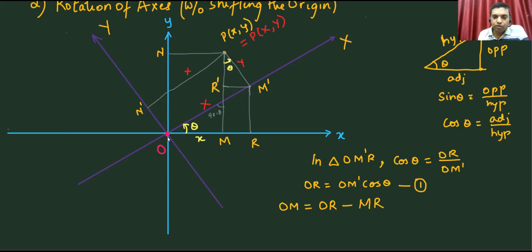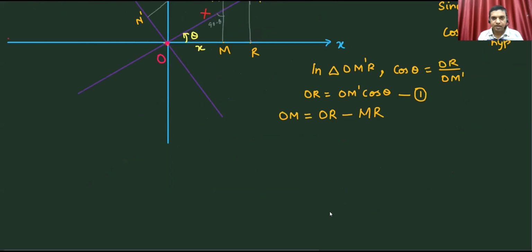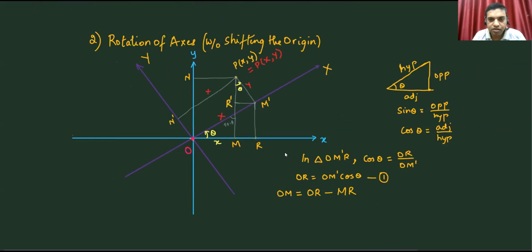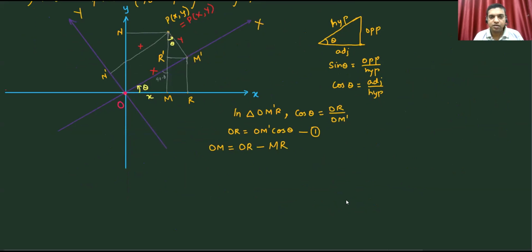Now OM is OR minus MR. So when you do that, this MR is same as R dash M dash, which is OR minus M dash R dash.